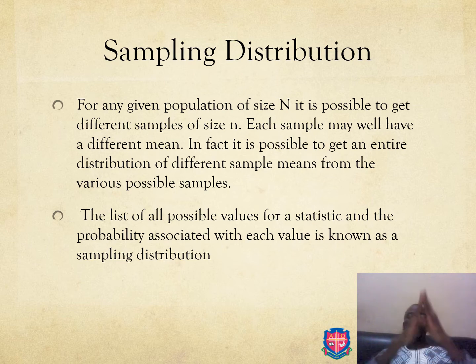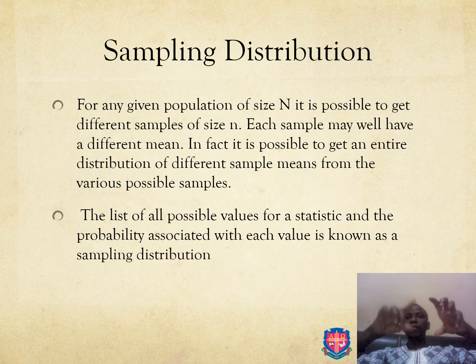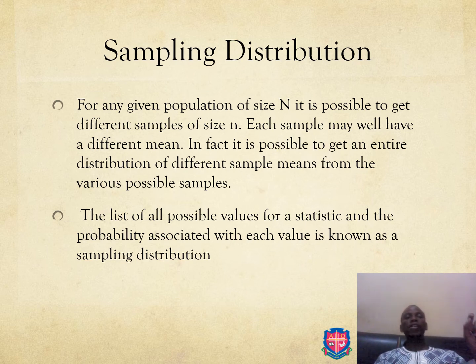For the population it's the capital N, the sample is a small n, and we are saying that for every population, if I have my population made up of, let's say, 1,000 elements, there's a possibility of having different samples of size n, maybe different samples of 80, etc. Okay, so I think each sample may well have a different mean.